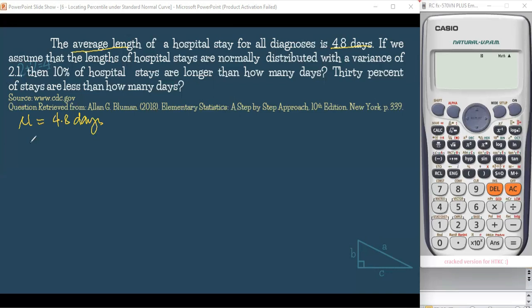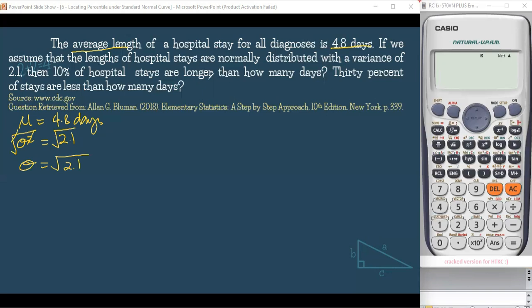And variance po diba is the standard deviation squared. So that is 2.1 days. However, we're only interested in the standard deviation kasi po diba doon sa formula natin, wala naman po tayong variance pero may standard deviation tayo. So we simply take the square root of that in order for us to have the standard deviation. So the standard deviation is the square root of 2.1.